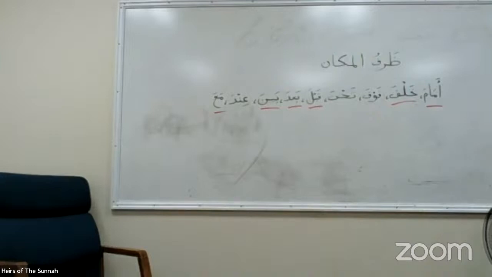And you can say دخلت قبل ساعة, I entered an hour ago. So they refer to time or place. دخلت بعده, I came after him, in time or in place. What was the example for قبل? دخلت قبله.